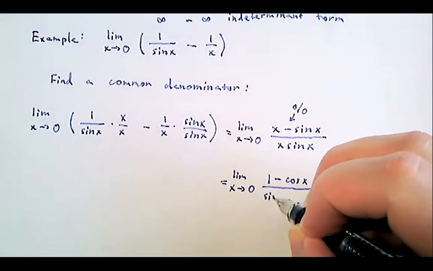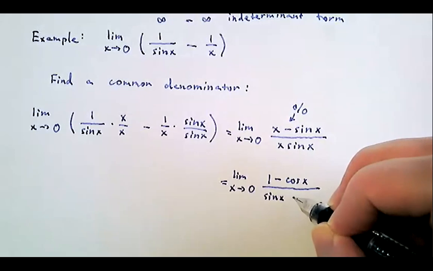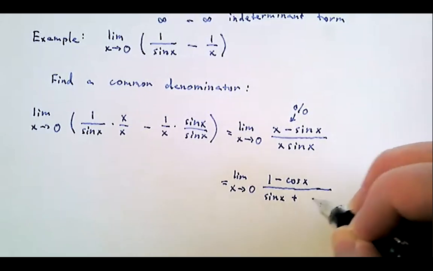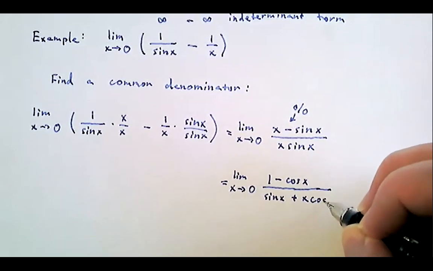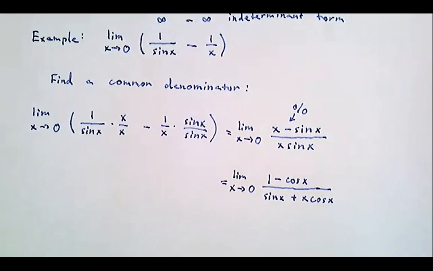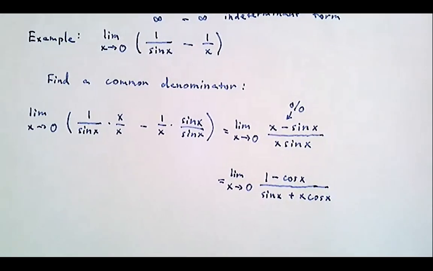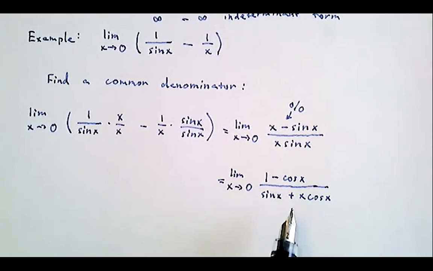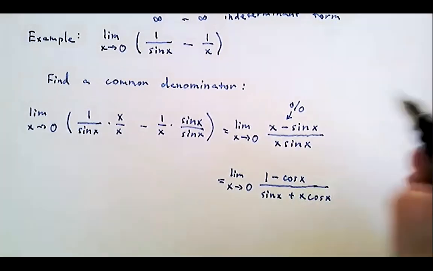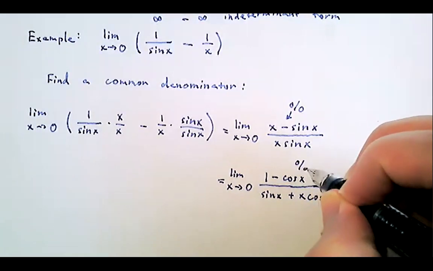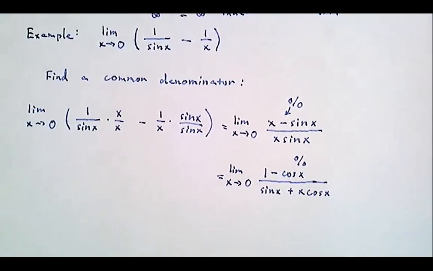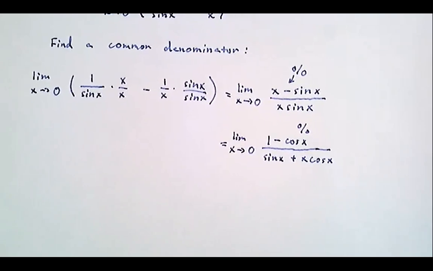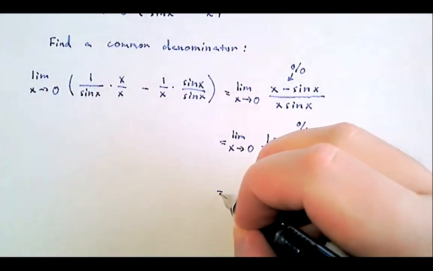So it ends up being sine x plus x cosine x. But think about it. If you plug in 0, you still get a 0 over 0 indeterminate form. That means we have to do L'Hopital's rule again.